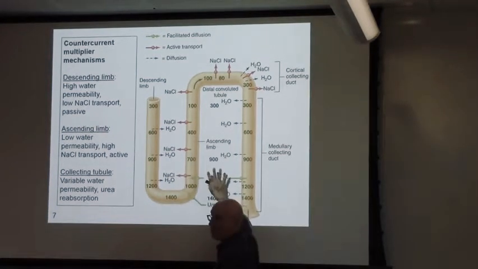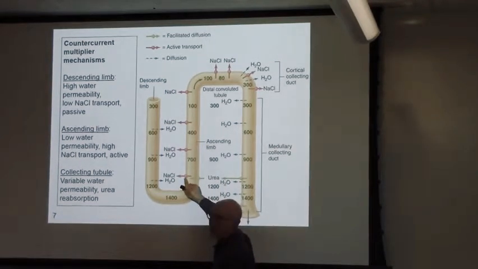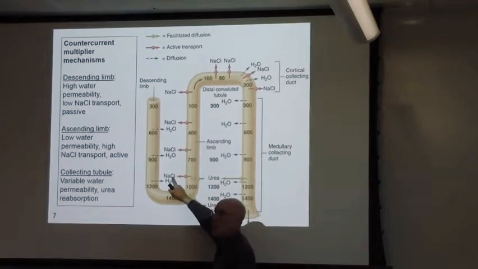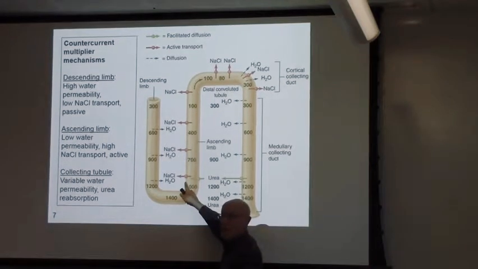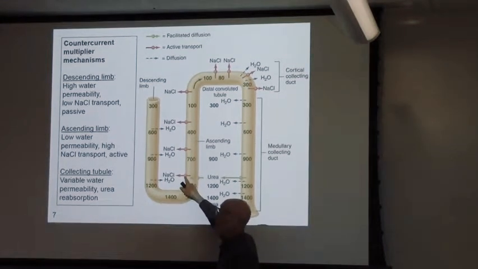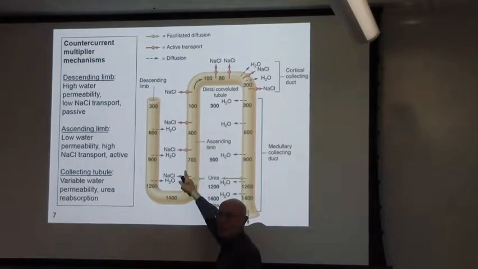So now, let's not worry about urea yet. So this arrow here that is showing sodium, let's focus on sodium pumping. Remember, there are two membranes here, right? There's the apical membrane and the basolateral membrane. This line is an epithelium, and so this line has an apical membrane and a basolateral membrane. What is the primary way that sodium and chloride get through the apical membrane of the ascending limb of the loop of Henle?